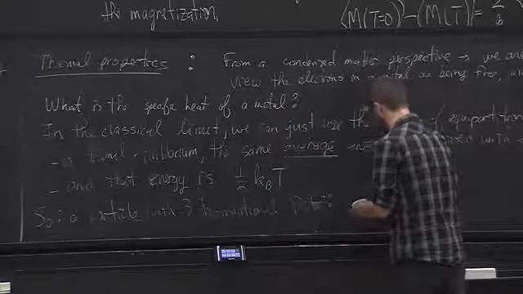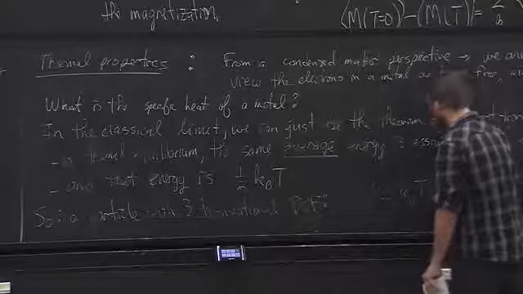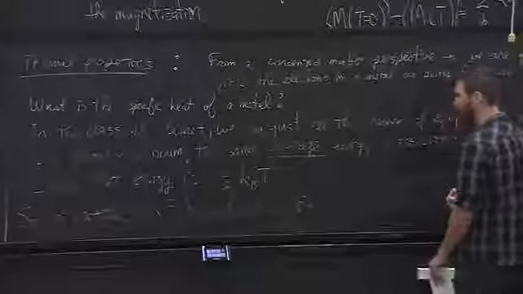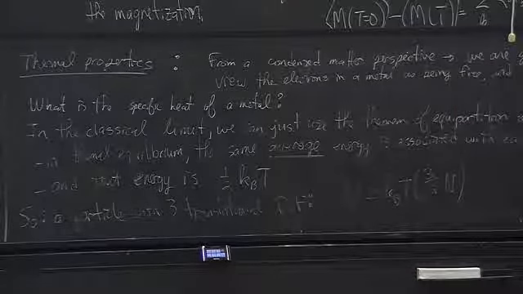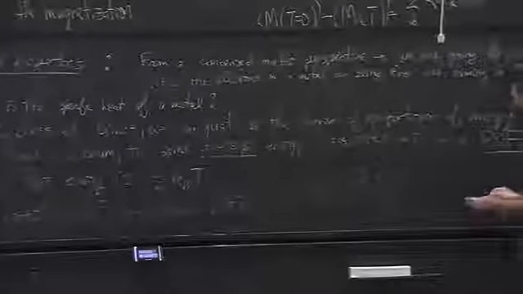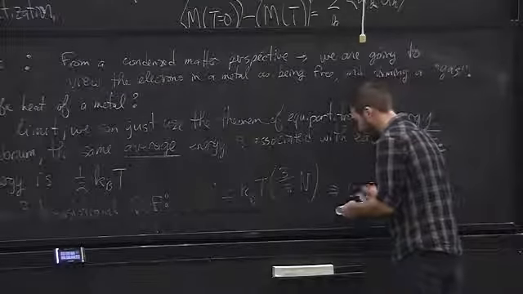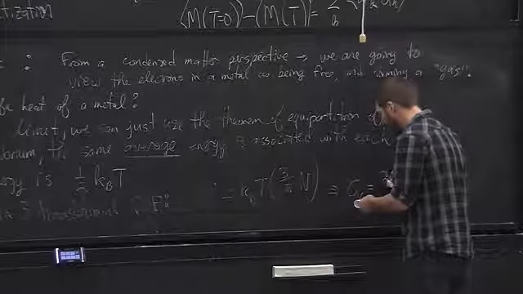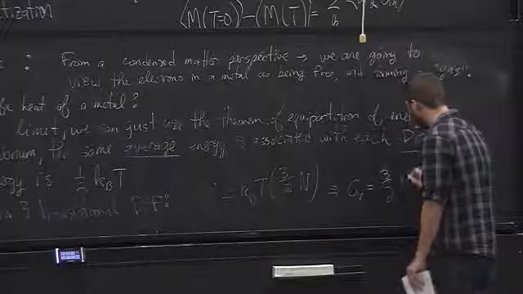I'll get a U that's kBT times 3/2, and if there are N particles, times N. And that implies, if I take a derivative, the specific heat is 3/2 N kB.